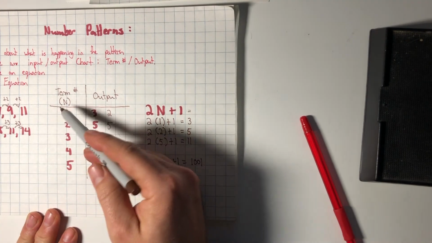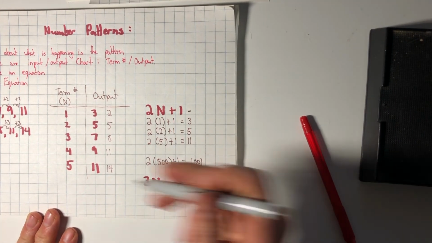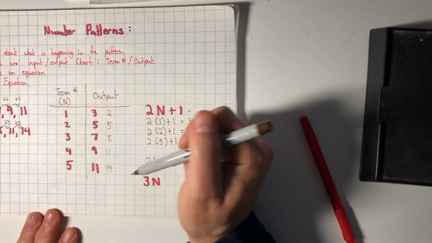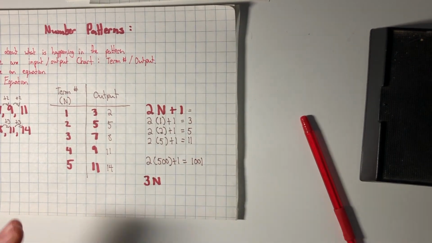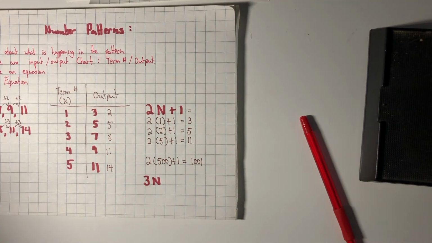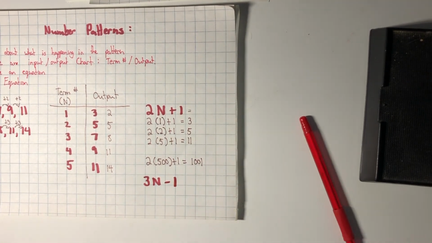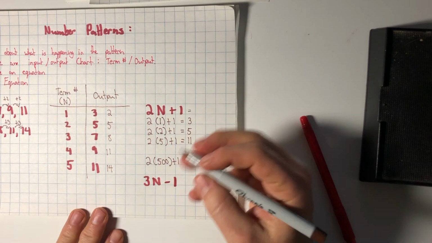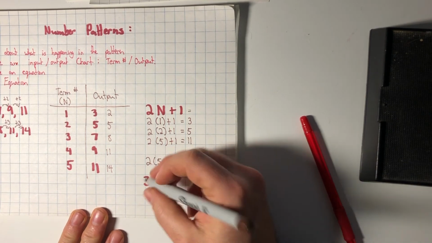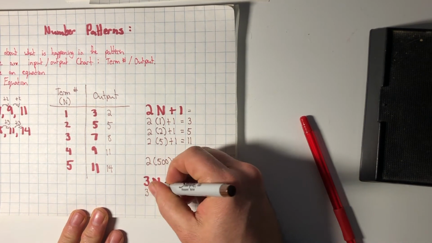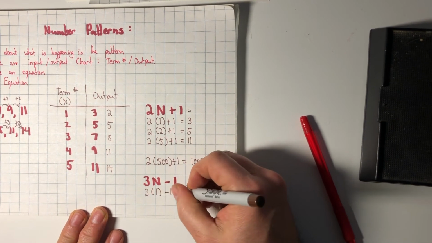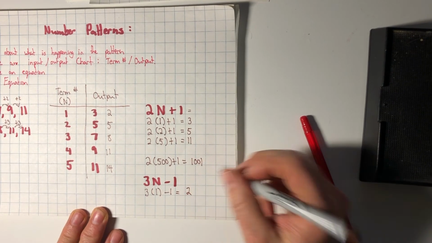If I plug in 1 here, it would be 3 times 1, which is 3. But I have to get to 2. Well, one way of doing that is we can subtract 1. So let's experiment with this and see if that works. So it would be 3 times 1, subtract 1, that produces the output of 2.